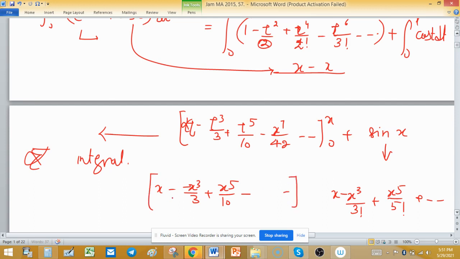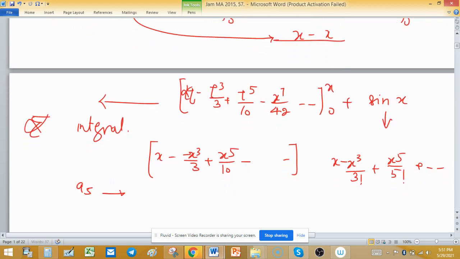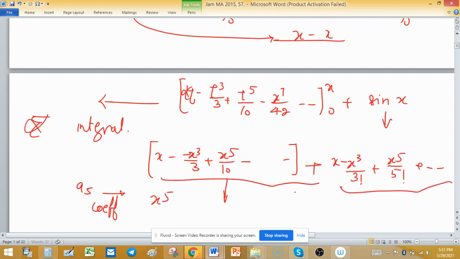So we have to find a5. a5 is nothing but the coefficient of x raised to the power 5. The coefficient of x raised to the power 5 will be 1 upon 10, plus from the sine expansion we have 1 upon 5 factorial.